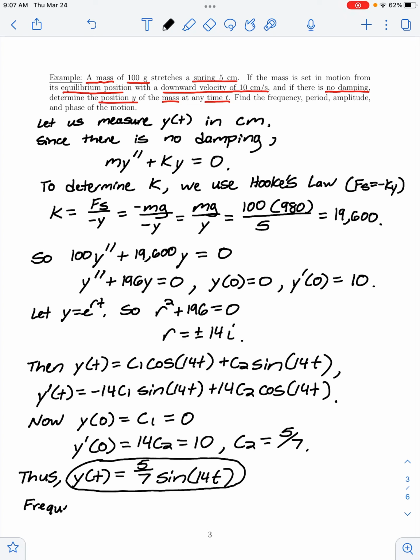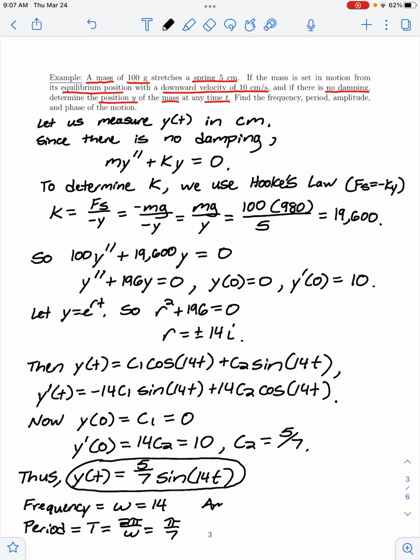Our frequency is given by omega, which was 14 in this problem. The period, denoted as capital T, is 2 pi divided by omega, so pi over 7.